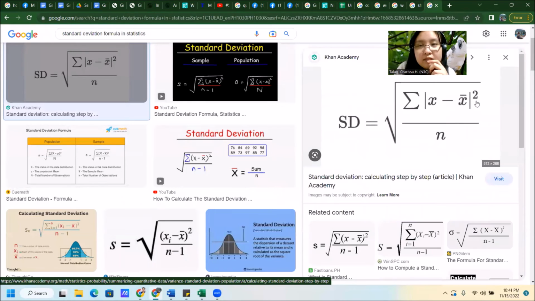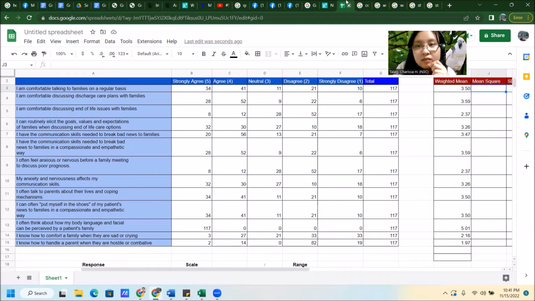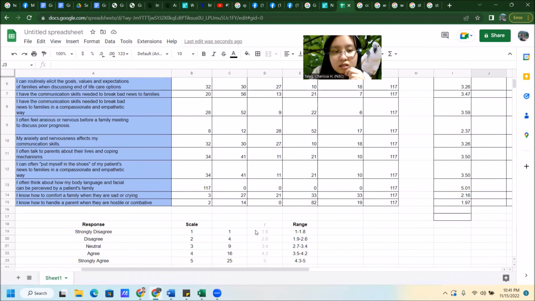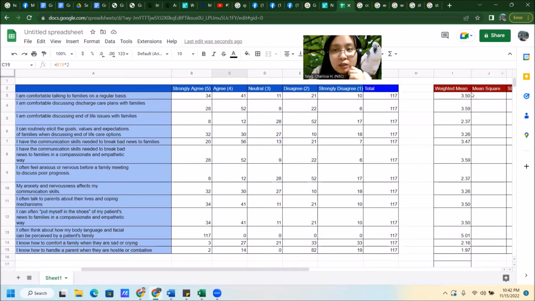Ayan, no? So, that's why naka-square yung scale. We will just do the same method dun sa weighted mean. Ang pinagkaiba lang, naka-square yung mean.